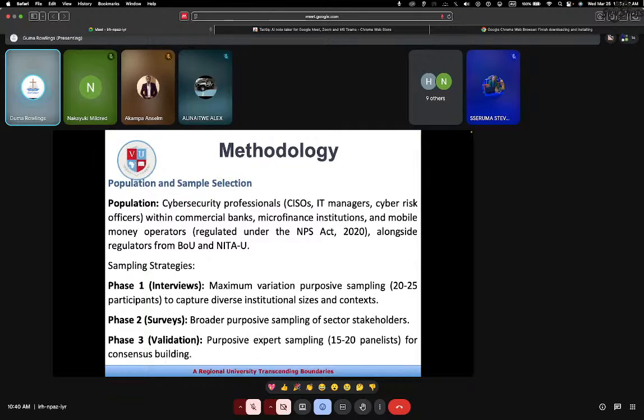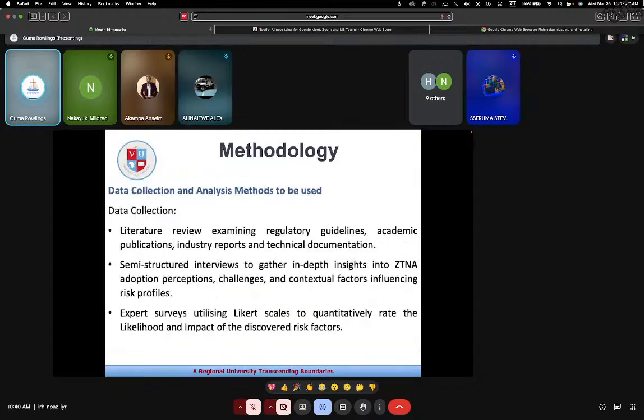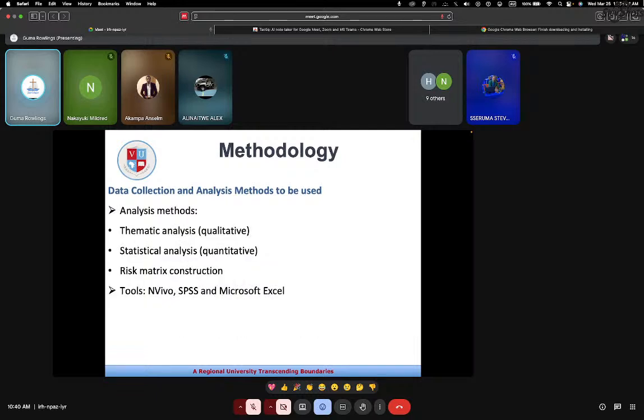Yes, thank you. So using interviews, surveys, validation, data collection, literature review. Some of the data will be picked from existing documents, the literature already existent. Then interviews, as I said, and expert surveys using scales. Analysis methods: we will look out for common themes, then do statistical analysis, and then construct a risk matrix.